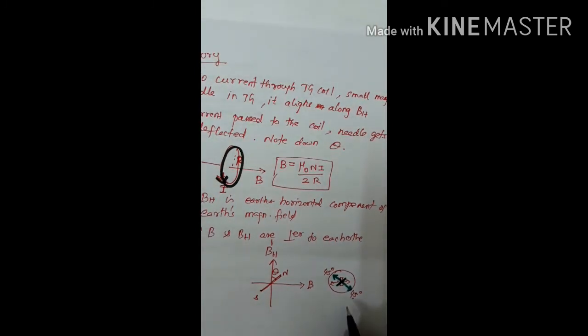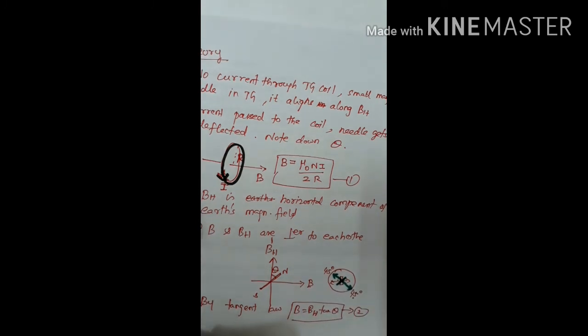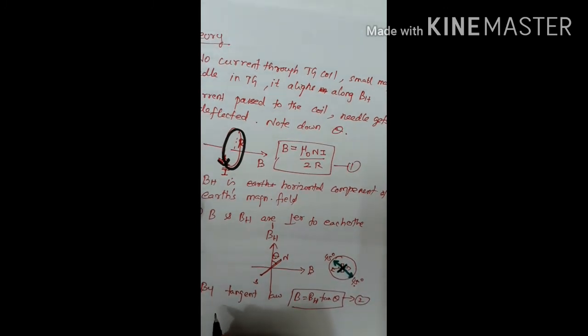Now you know the formula, let it be equation 1. You know by tangent law, B is equal to BH tan theta, right? Take this as equation 2. Now substitute equation 1 in 2.